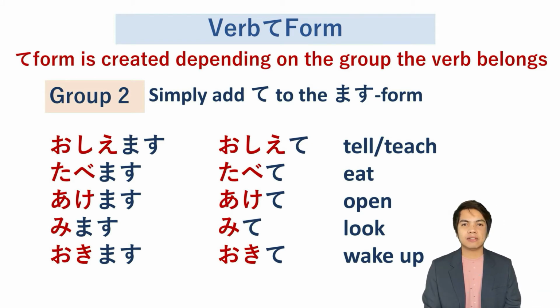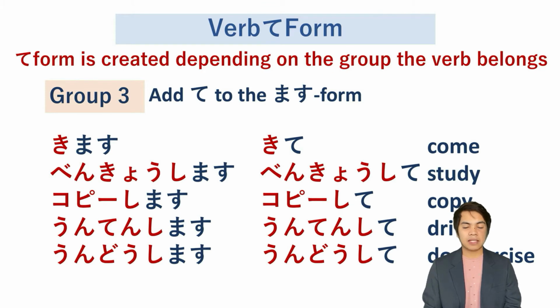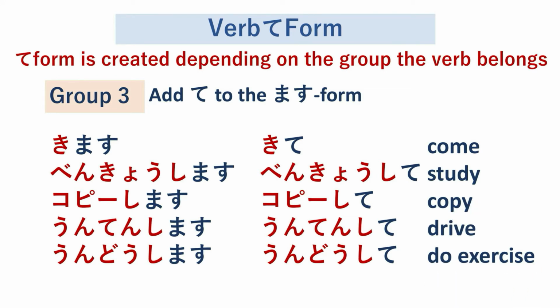As well as the special verbs, just remove masu and add te as long as they belong to group 2 verbs. Now for the group 3 verbs, let's start with kimasu, which means to come. Remove masu and add te, kite. Next, the noun o shimasu, just remove masu from shimasu and add te. For example, benkyou shimasu, benkyou shite.